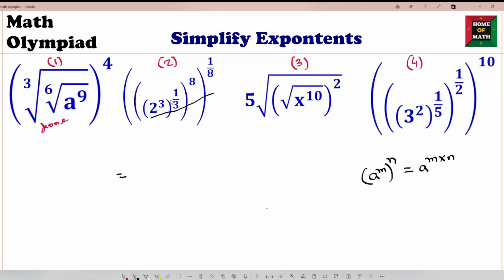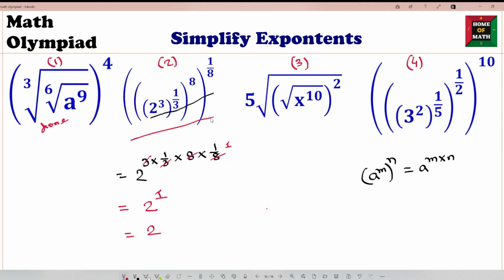So similarly, here is 2 to the power 3 times 1 by 3 times 8 times 1 by 8. Now look, 3 divided by 3 we can cut, 8 divided by 8 we can cut. So our answer is 2 to the power 1, and 2 to the power 1 means 2.